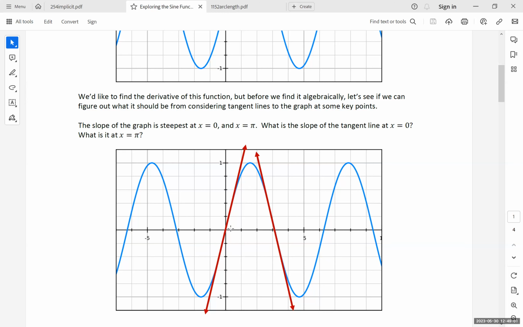This is 1 unit over in x, and this is 1 unit up in y. Part of our issue is that we're dealing with pi, and pi is not exactly 3. But if you eyeball it, you can see that this is about 1 unit over from where pi was, and this is likewise about 1 unit over from where pi was. So it is, in fact, -1.